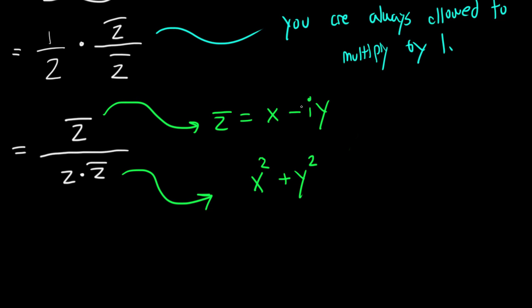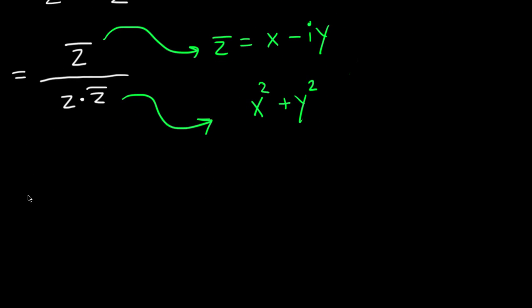Remember, you have to substitute that i squared for -1, and you'll be able to arrive there. So we can rewrite this as x minus iy over x squared plus y squared, and that is what we're going to get.